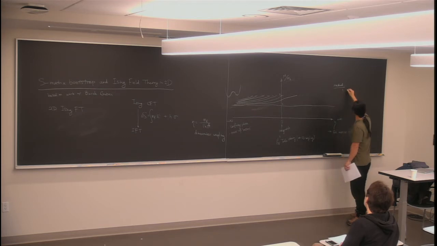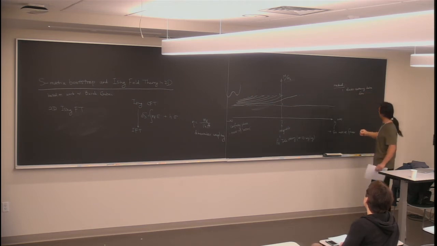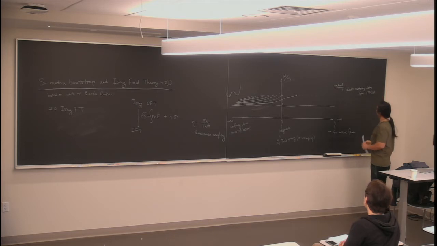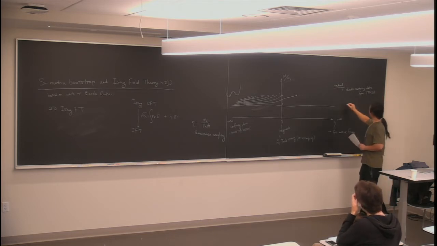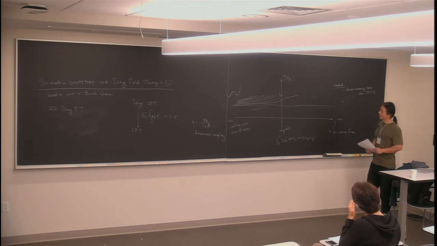So first we'll get elastic scattering data from Hamiltonian truncation. And in this case, we'll use a specialized method of Hamiltonian truncation known as the truncated free fermion space approach due to Yurov and Zamolodchikov. So this is kind of old technology, even though we're applying it to compute some new quantities.